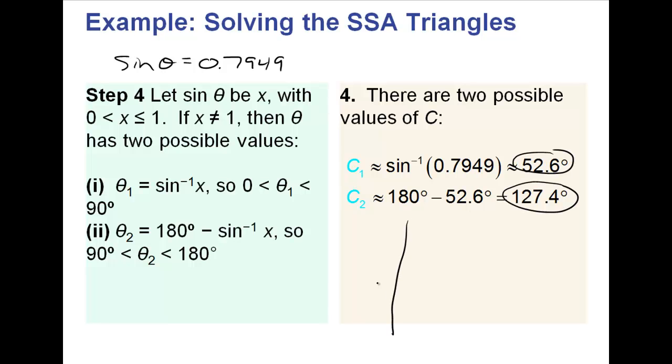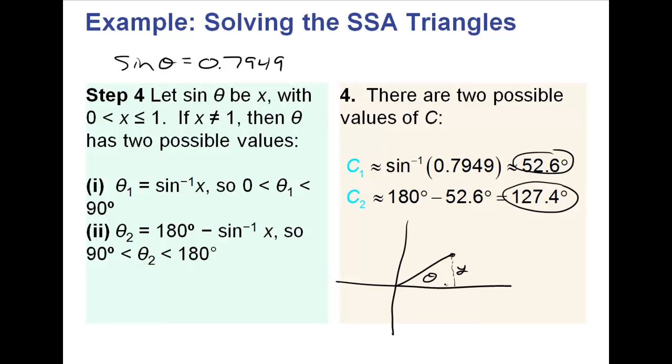And you might be asking yourself, how do I know this? Where does this come from? Well, remember, if we have an angle here, theta, sine gives us this distance here. Sine of theta is going to give us that height.